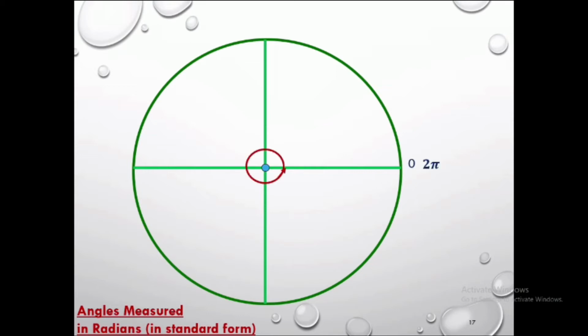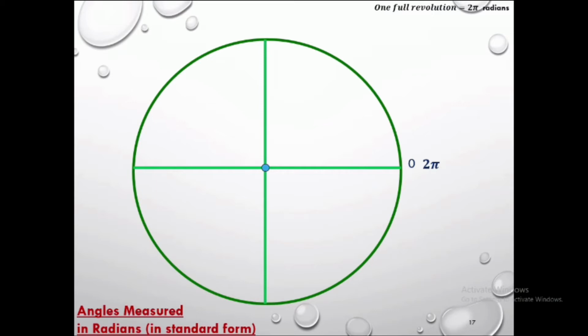Kung sa previous circle ang angle measure na ginamit natin ay degrees, so in this unit circle, ang angle measurement na gagamitin natin ay radian measurement in terms of pi. One complete rotation angle measures 360 degrees equals 2 pi radians.